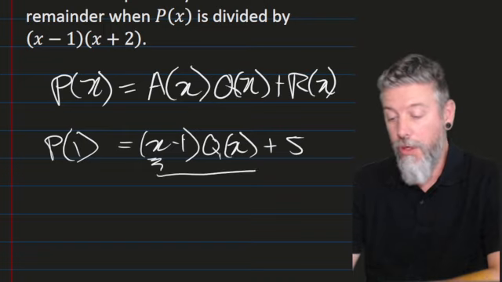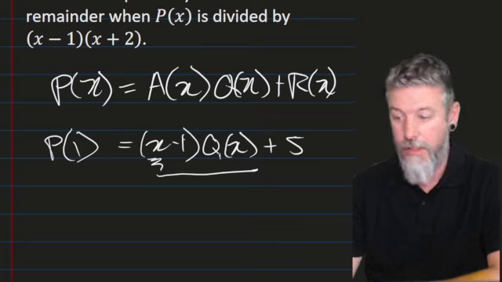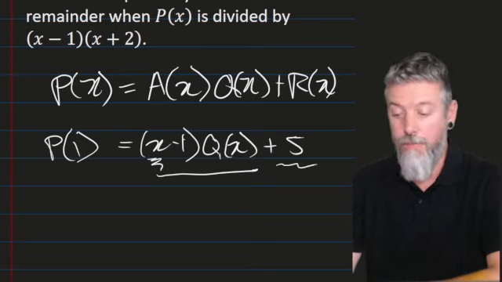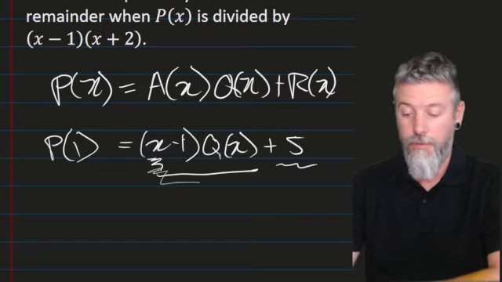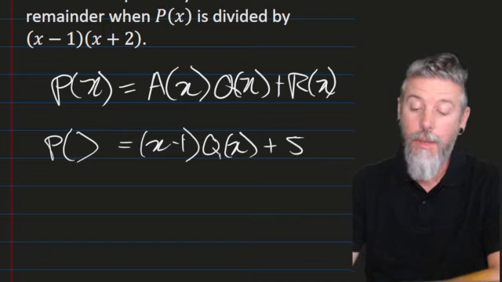Therefore, this whole section would disappear because 0 times q of x is 0. So we would only be left with the remainder, and we're told the remainder is 5. So the remainder polynomial, when we do this division, must be 5.